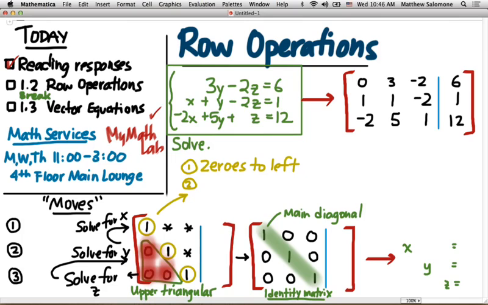The third equation we don't have an x or a y in it. But then the second requirement is that we have zeros below as well. So all three of the circled entries in that matrix satisfy both of these criteria. There are only zeros to the left, and there are only zeros below.